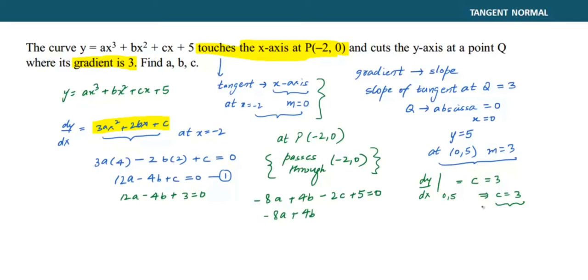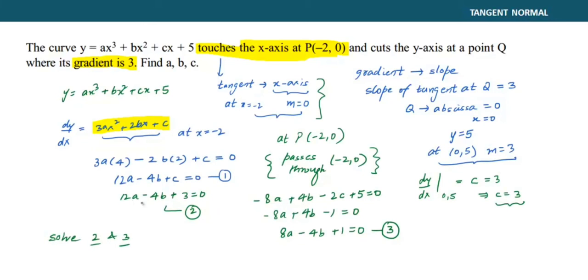We know that c is nothing but 3, so this will become minus 1. So it will become 8a minus 4b plus 1 equal to 0. Can you see now that this is your second equation, and this is your third equation, and if you just solve the second and third, you will get your answer, because this is a linear equation in two variables, both a and b are there.